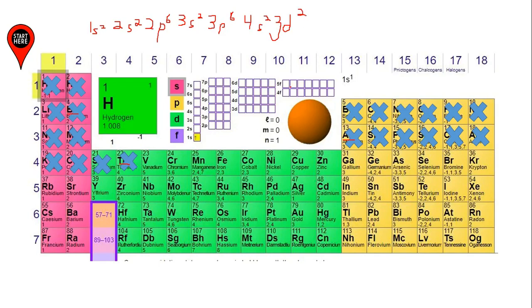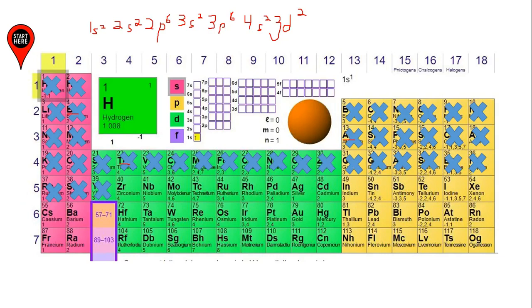This is going to work for most anything. I'll show you the ones it doesn't. But basically, you just do like this, right? So if we are going all the way to rubidium, you have to do the 4s and then the 3d, and it's 10. You can see here 10x is 1, 2, 3, 4, 5, 6, 7, 8, 9, 10. So it would be 3d10. Then 4p, 1, 2, 3, 4, 5, 6.